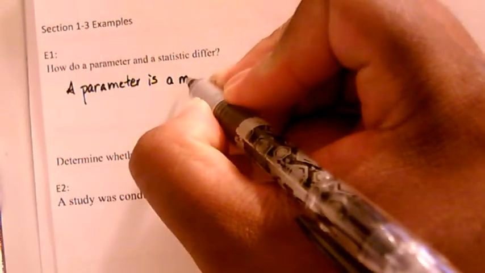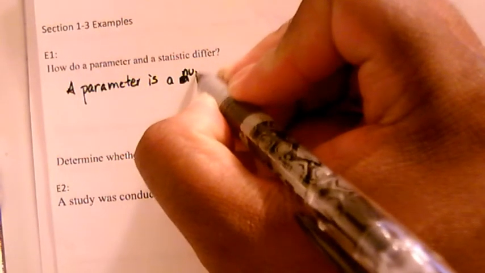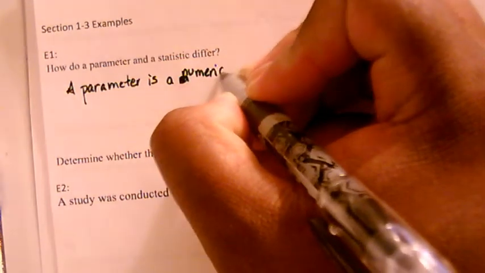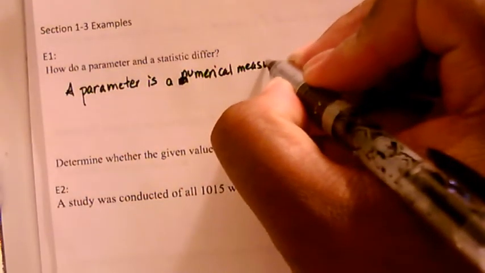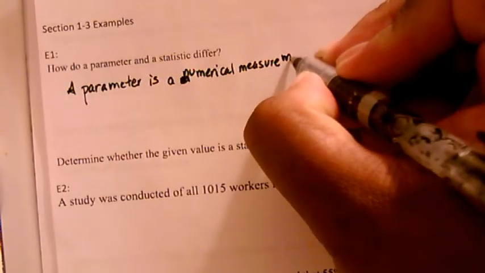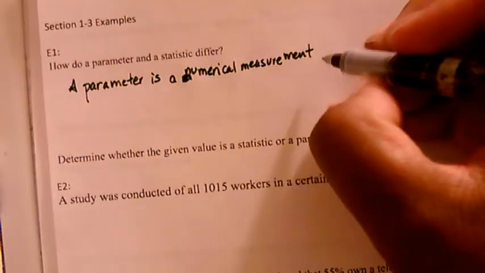So here we can say a parameter is a numerical measurement about a population.